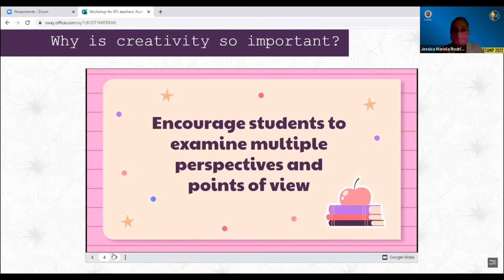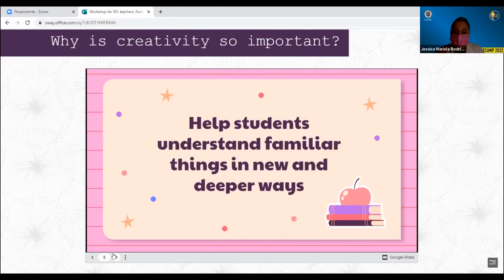And they are learning from the ideas of others. And we can help students understand familiar things in new and deeper ways, because maybe they know the concept, they know how to do something, but they can make it better, right? They can improve their strategy by using creativity in class.